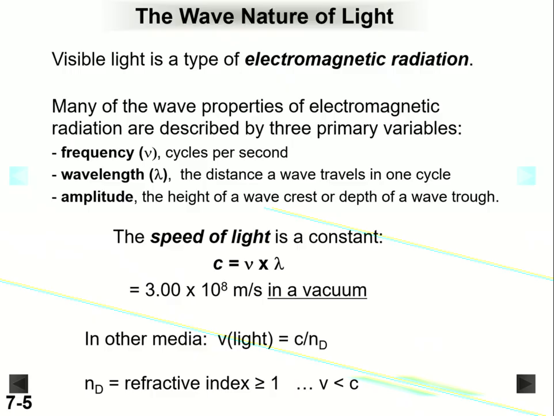Because of that, the velocity of light in other media is less than 3 times 10 to the 8th meters per second. In air, to three significant figures, it is 3 times 10 to the 8th meters per second, but in water, it's less. In glass, it's reduced, and so forth. Refractive indices are found in tables. They're tabulated values that you won't see in your Gen Chem book, but they're readily available.